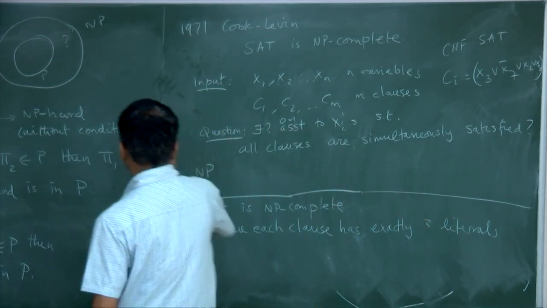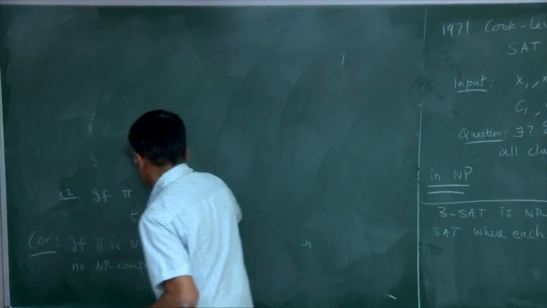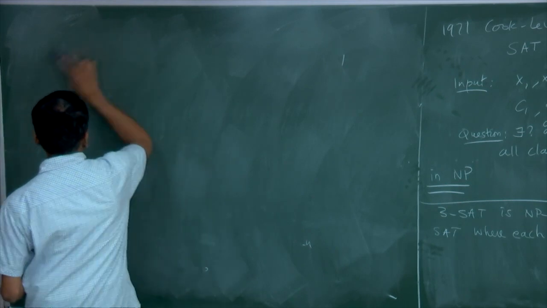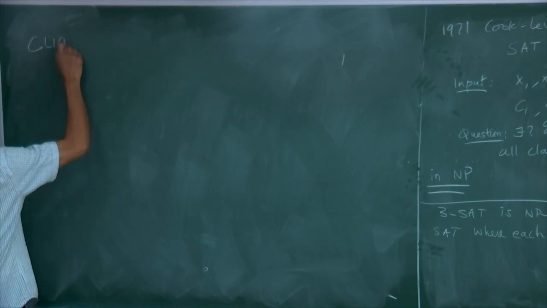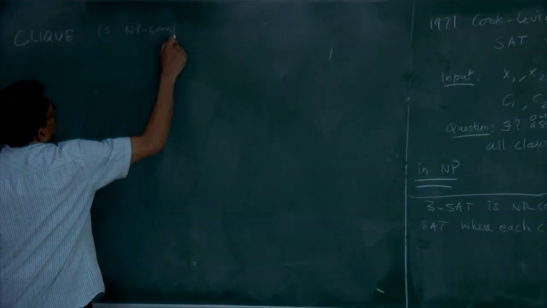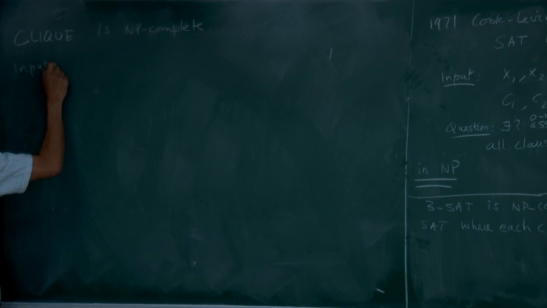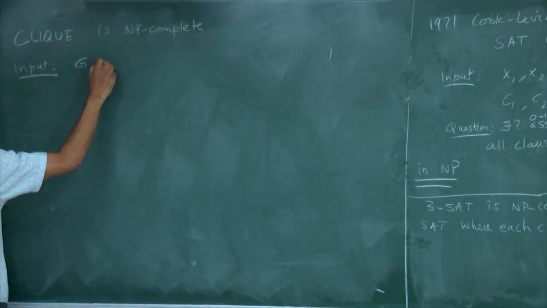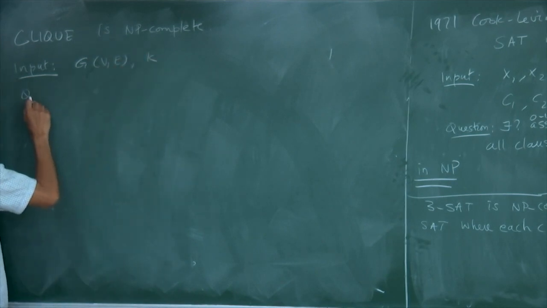But what I want to do today is a graph problem. The clique problem is NP-complete. So, what is the clique problem? The input is a graph G and an integer k.